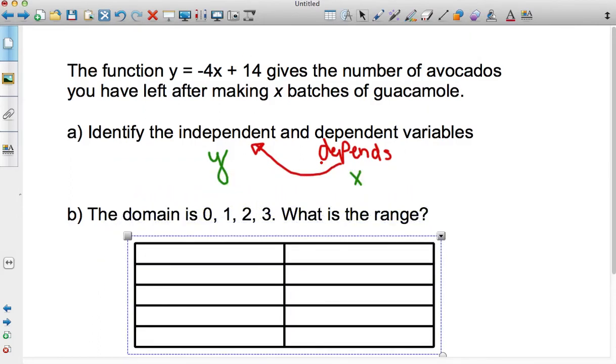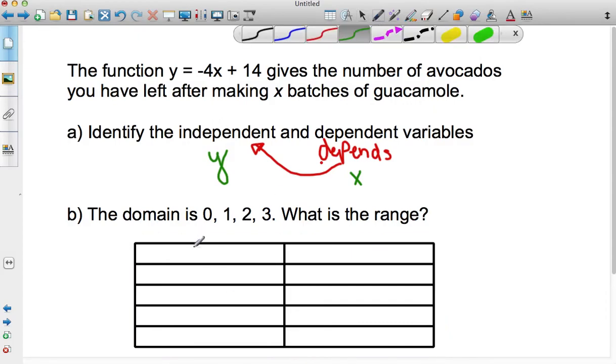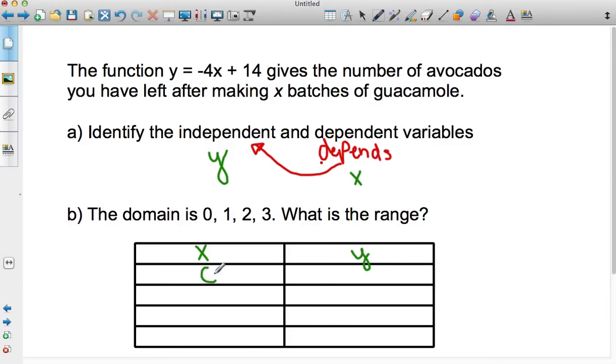Okay, so if I label it, we have the x and the y. Your domain, they're giving you the input is 0, 1, 2, 3. Now it kind of makes sense because we're talking about avocados and the number we have left. So let's just assume that we're talking whole avocados. And then we simply fill in our table.